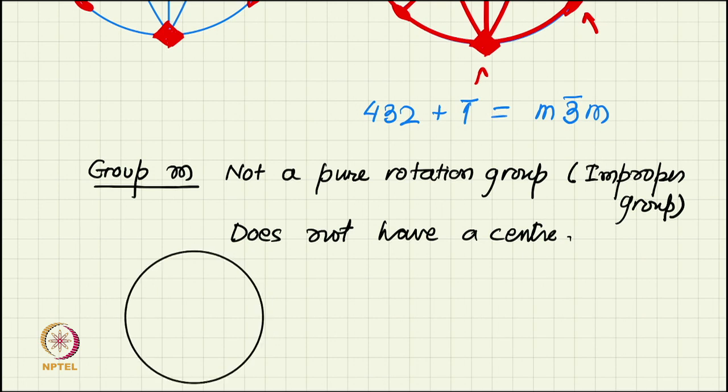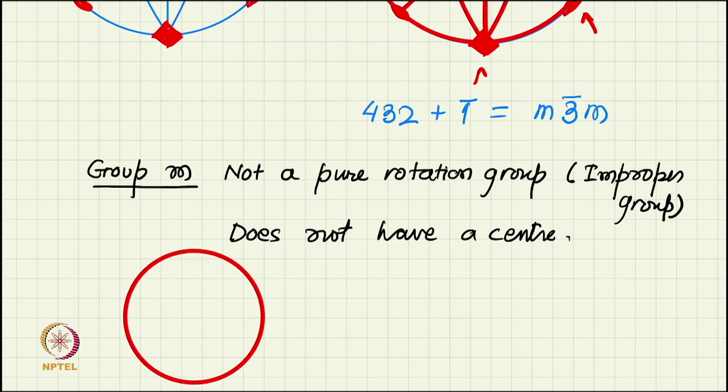Let us do that. Suppose the group m is represented by the mirror plane. You have a general position, the blue point, and because of the mirror that reflects below the equatorial plane in that red circle. So this is the group m.